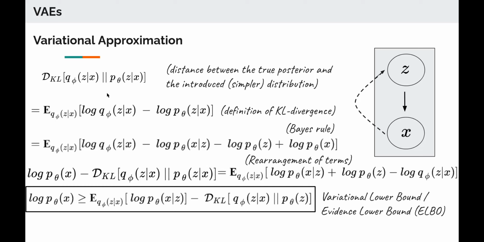Variational meaning every time we do some approximation and then make the approximation using some optimization, it's known as a variational approximation. And evidence lower bound because log px is also known as evidence, and now this is a lower bound to the evidence. So these are just two names for the quantity on the right here. And in VAE, we are going to maximize this quantity.